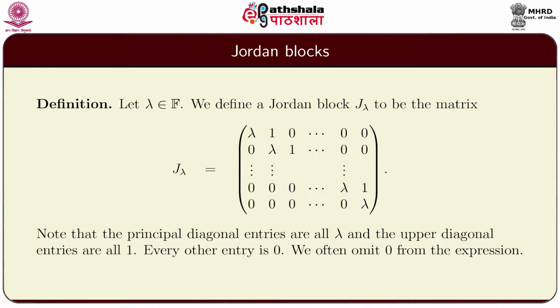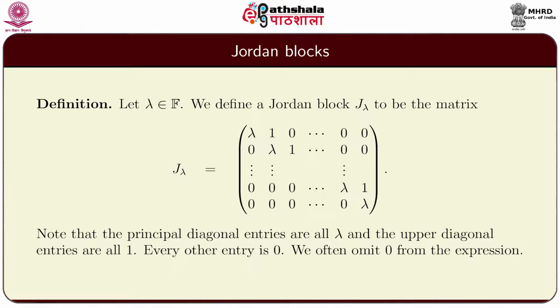Let us define a Jordan block. For a scalar lambda, we define the Jordan block denoted by J suffix lambda to be this matrix, where the only non-zero entries would be sitting on the principal diagonal and the upper off-diagonal, and everywhere else it is 0.